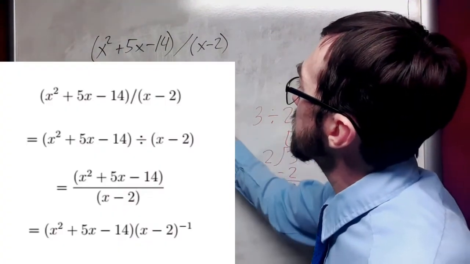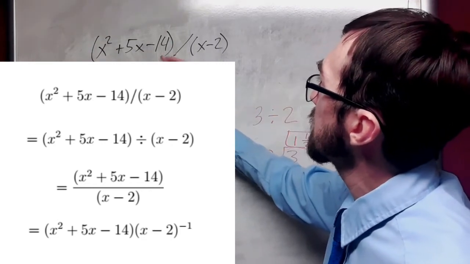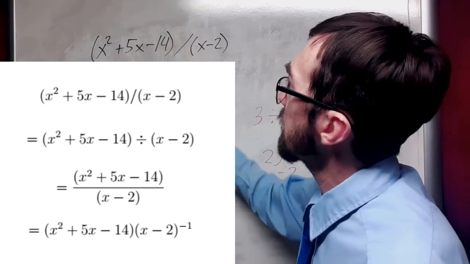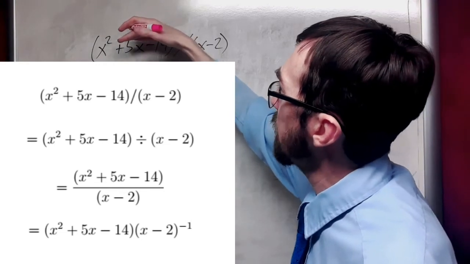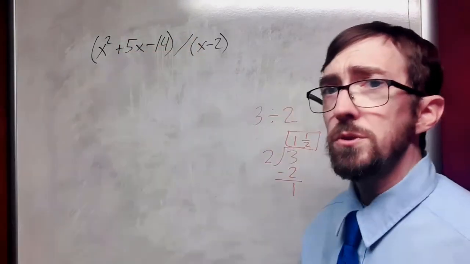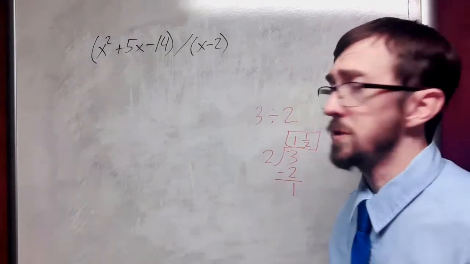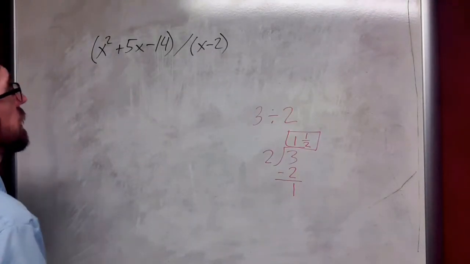If we start with something like this, where we have the polynomial, the division, and then the polynomial, or if we start with a rational fraction, where we have a polynomial, and then the fraction bar and the polynomial, we want to rewrite it in this style with the division bracket. So that's going to be our first step here.